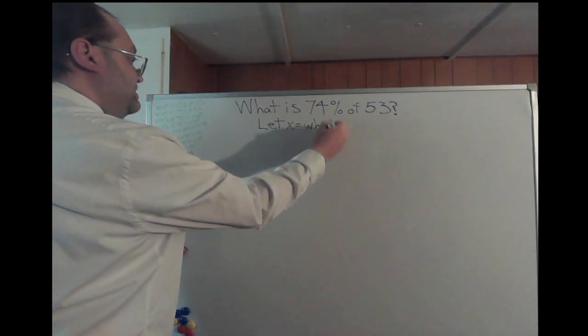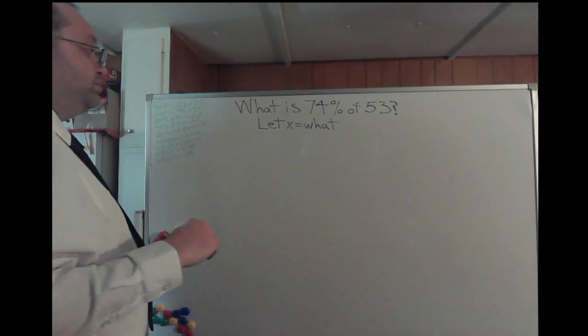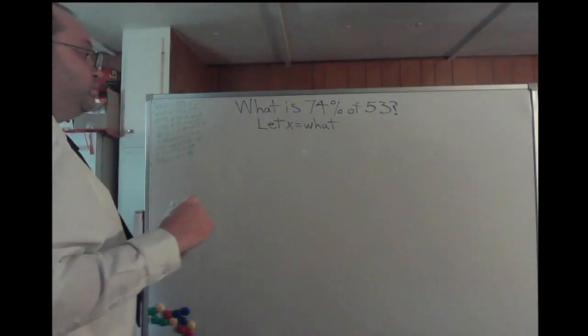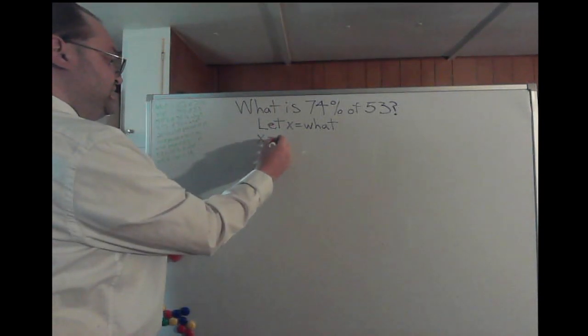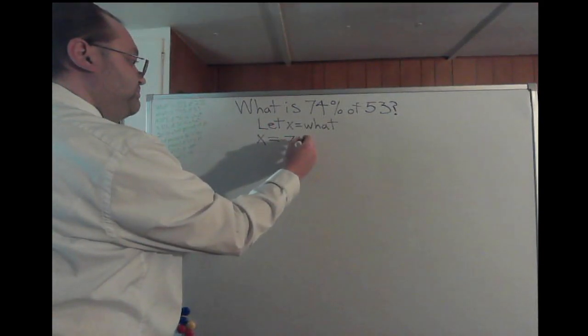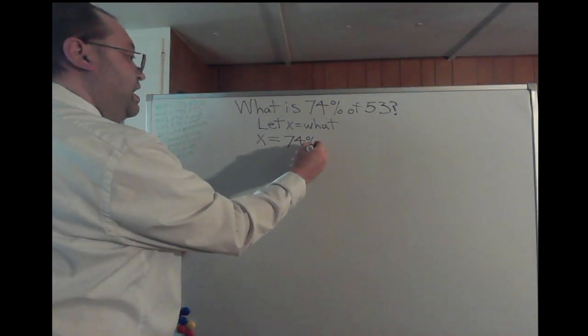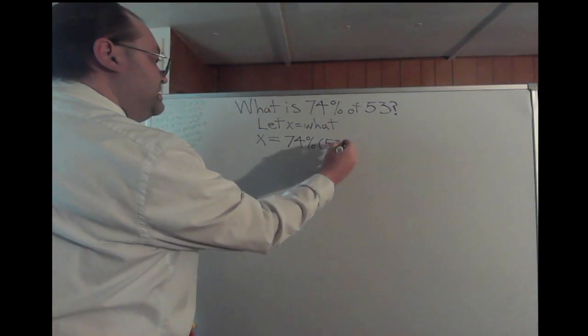I happen to like x a lot, if you can't tell. But you could assign any other variable, but so what that x is, which means equal to 74% of 53. That means times 53. Of means times.